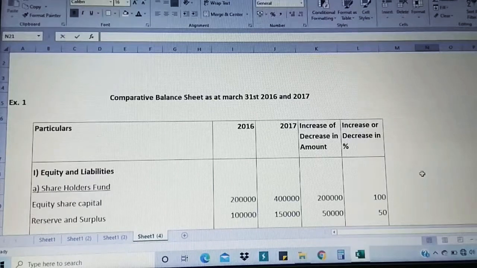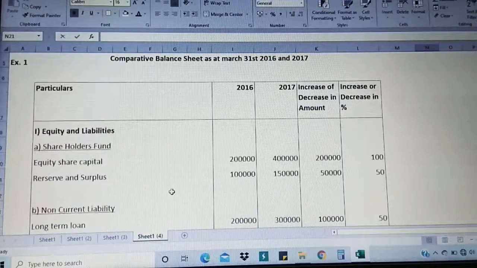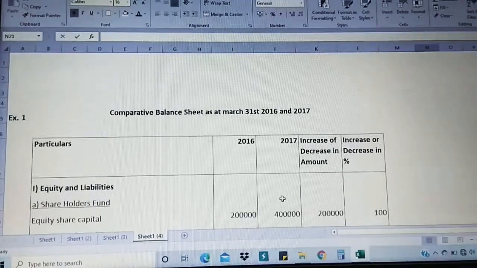Moreover, some of the questions may appear without the format. For this particular question, it was given as per the format, but sometimes you will have the question in horizontal form, where liabilities fall on the debit side, the left hand side, and assets fall on the right hand side, the credit side.